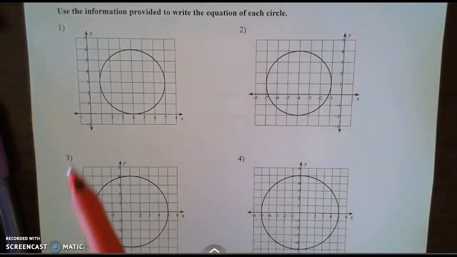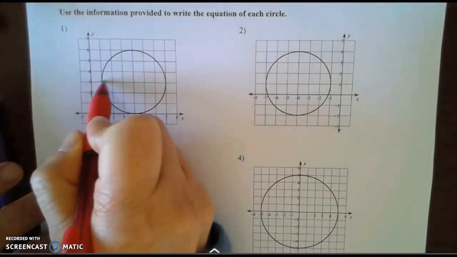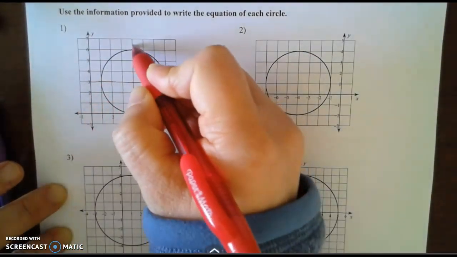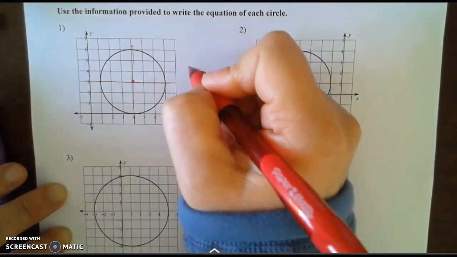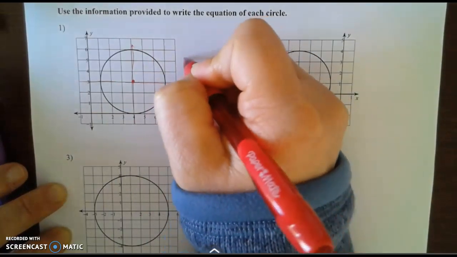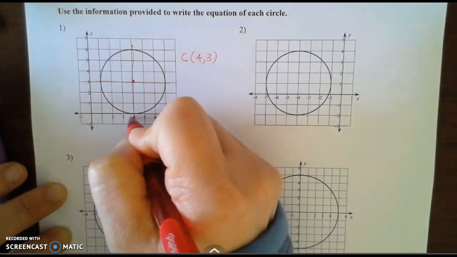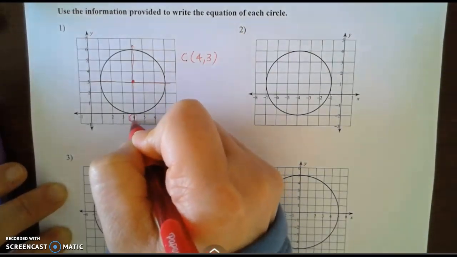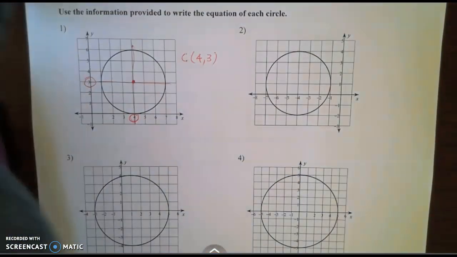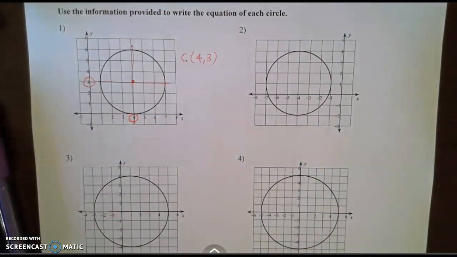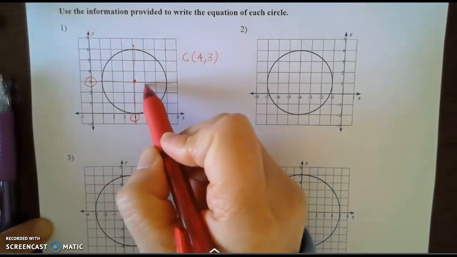Okay, so looking at this first graph, what is my center? I draw the line of symmetry here, which identifies my center as 4, 3. So again, the x-coordinate is always first, and the y-coordinate is second. Then from there, I can figure out the radius. 1, 2, 3.